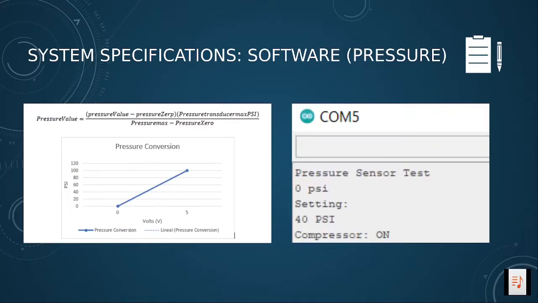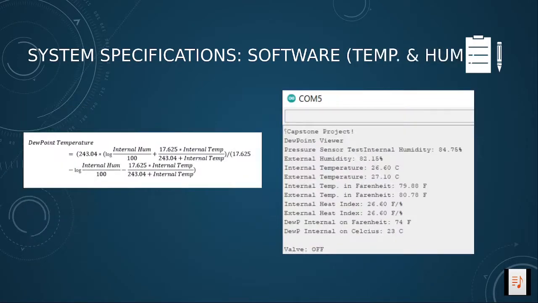Here is the linear relationship between the pressure that we measure with the sensor and the analog value that the sensor sends to the Arduino. Here's the formula that we use to calculate at what temperature we will find the dew point, and here's the serial monitor showing this temperature, internal and external of the vehicle.